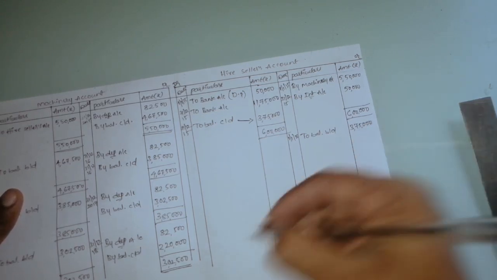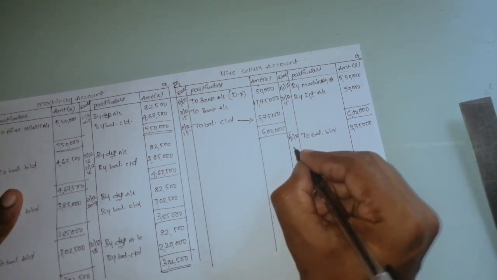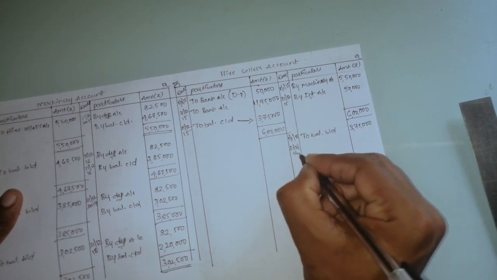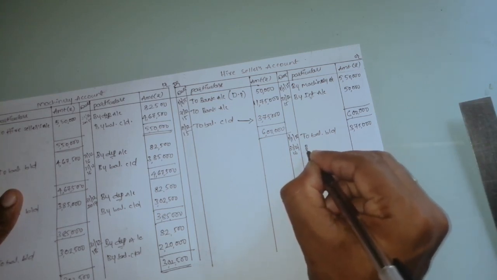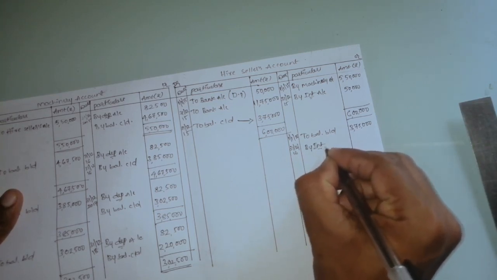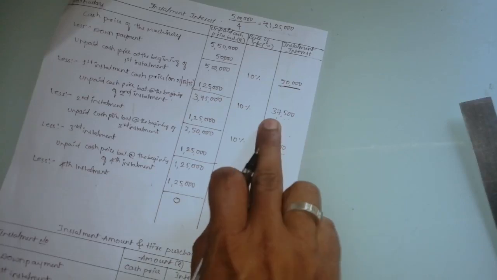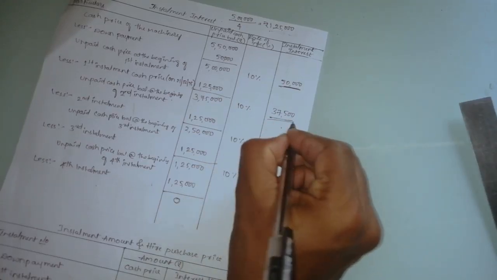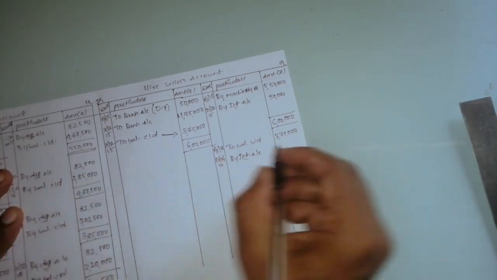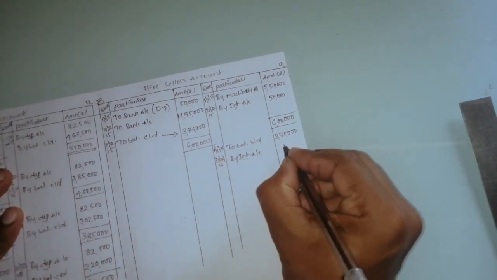3,75,000. The interest paid during the year 2016, 31st 12 2016, by interest account, how much? Here is the interest, right? Second year interest, 37,500, by interest account.